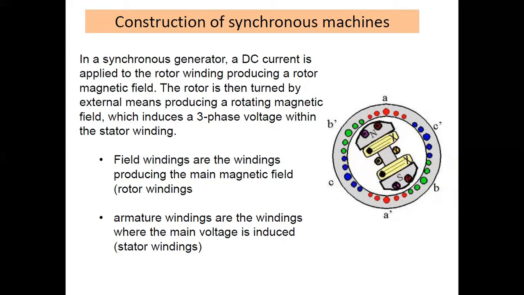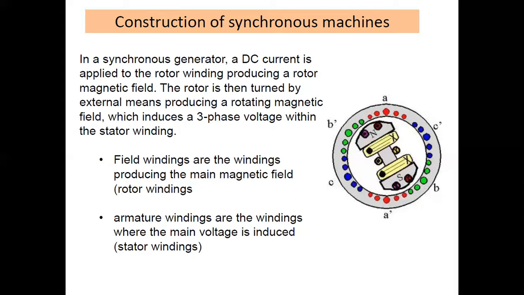In synchronous generator, a DC current is applied to the rotor winding, producing a rotor magnetic field. As the field winding is placed on the rotor and fed by DC current, it will produce a rotor magnetic field. This magnetic field is a constant magnetic field.